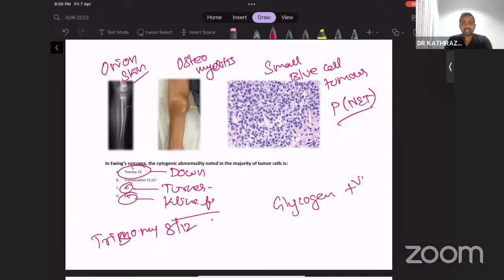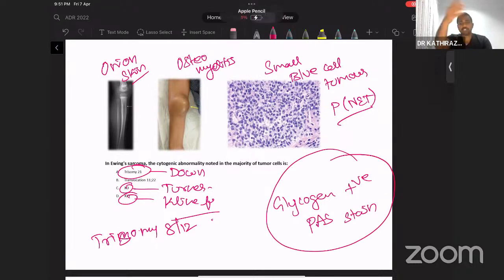What does a glycogen positive tumor mean? A stain, right? So I can ask which of the following tumors can stain positive with a PAS stain. So I can integrate a pathology question into a bone tumor and assess you on your pathology knowledge of which stain is going to stain for glycogen.